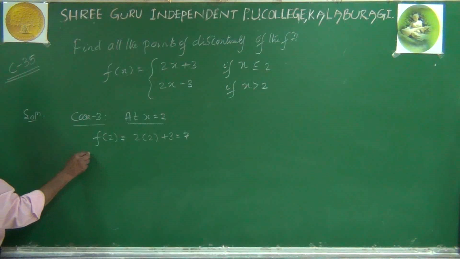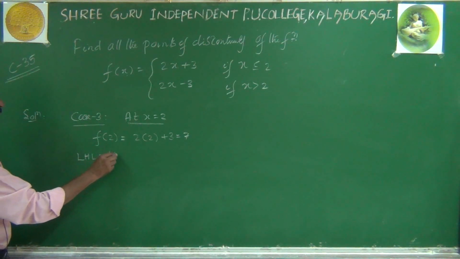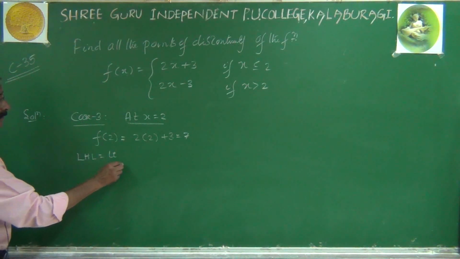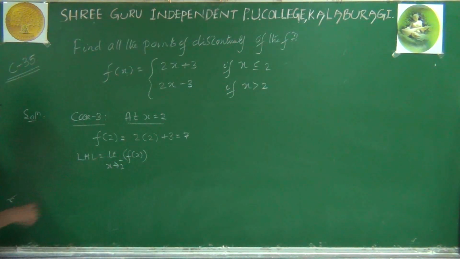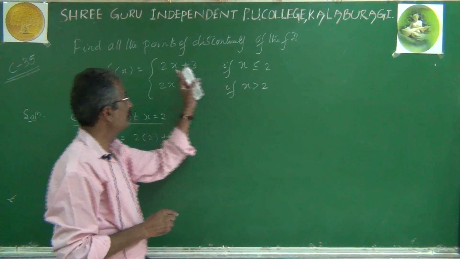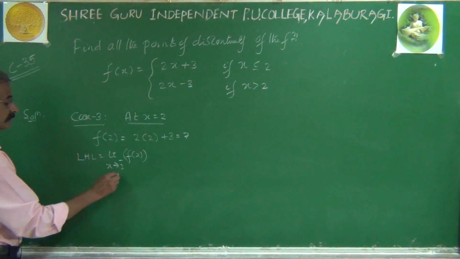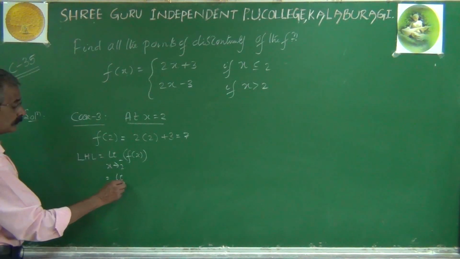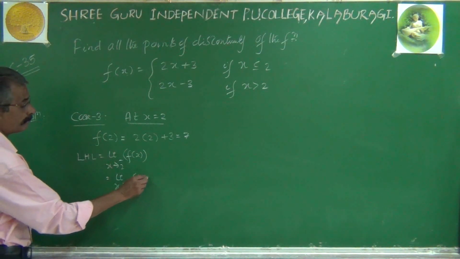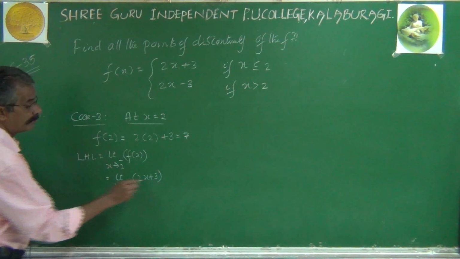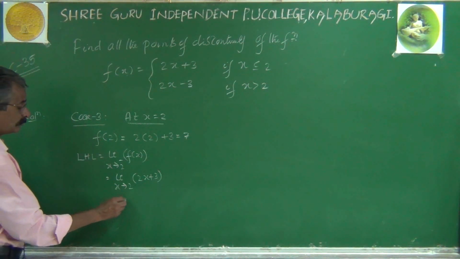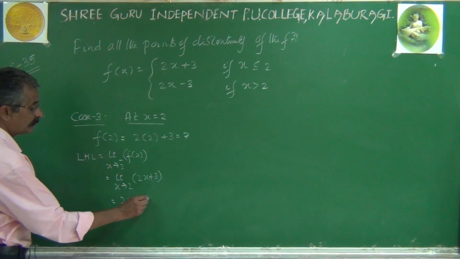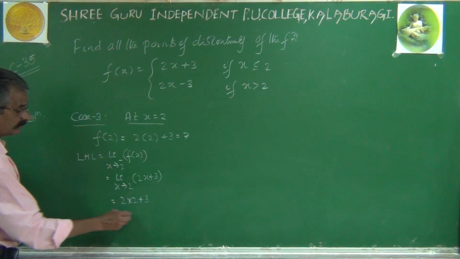Let's find the left hand limit: limit x tending to 2 minus f(x). 2 minus means less than 2. When x is less than 2, the function is 2x plus 3. So limit x tending to 2 of 2x plus 3. Replace x by 2: 2 into 2 plus 3, total becomes 7.